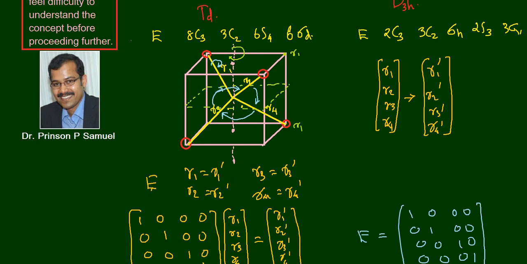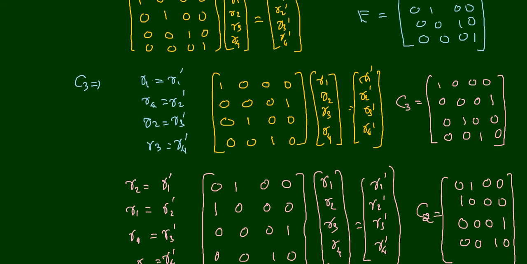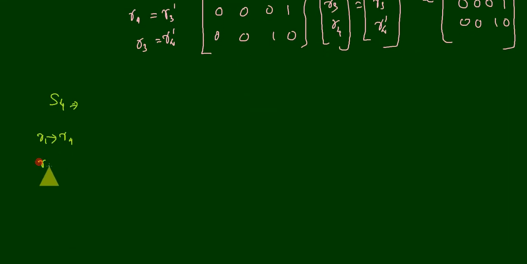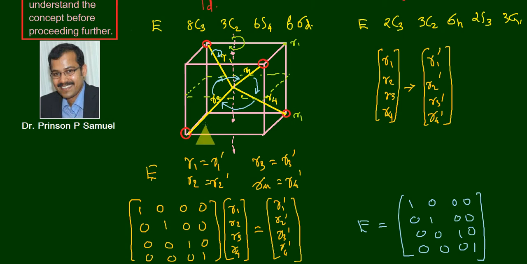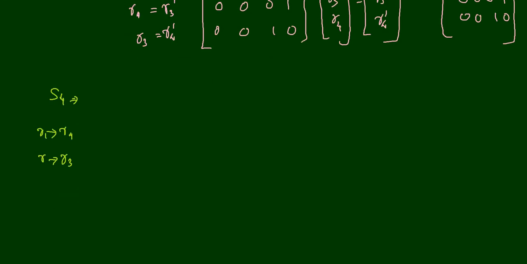So R2 will go in place of R3. And what will happen to R3 and R4? R3 after rotation will go in this corner. After the clockwise rotation, it will go in this corner, and after the reflection, it will go in here. So R3 will go in place of R1.